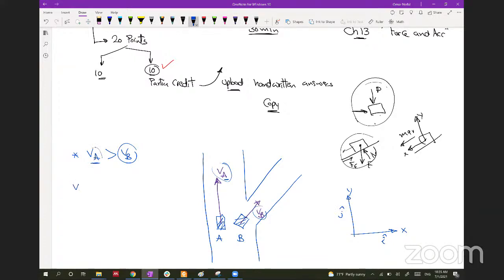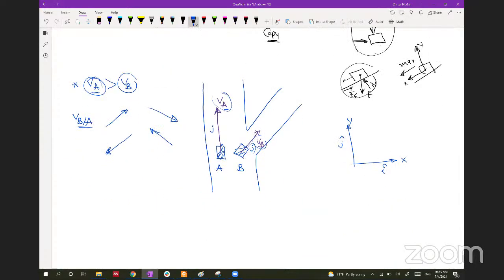So I might tell you that VA is more than VB. Please find the velocity of B with respect to A, not as a value, but as a direction. Is it going this way? Is it going this way? Is it going this way or this way? So you know that VA is more than VB, so the J component of this velocity is more than the J component of this velocity.